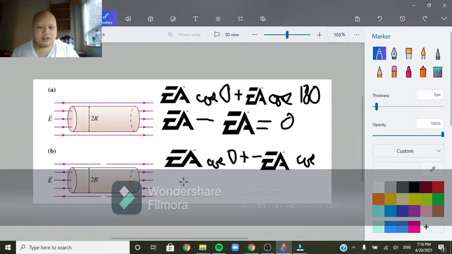Now you have EA cosine 0 plus the negative electric field times area times the cosine of 180. Remember that the cosine of 180 is -1, but a negative times a negative is a positive.